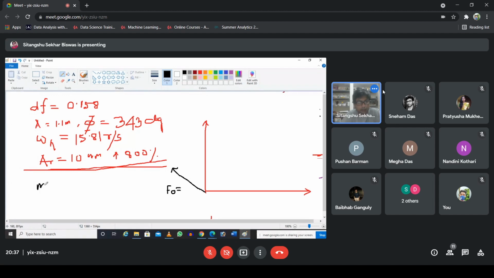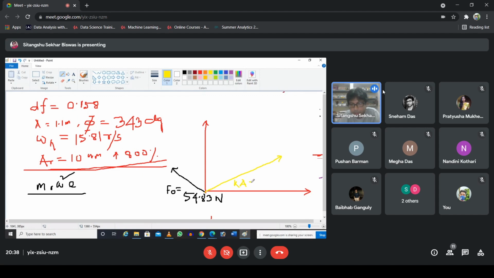F0 is M0 omega square E. What is that value? 54.83 Newton. Now this is your Ka. This part is Ka.